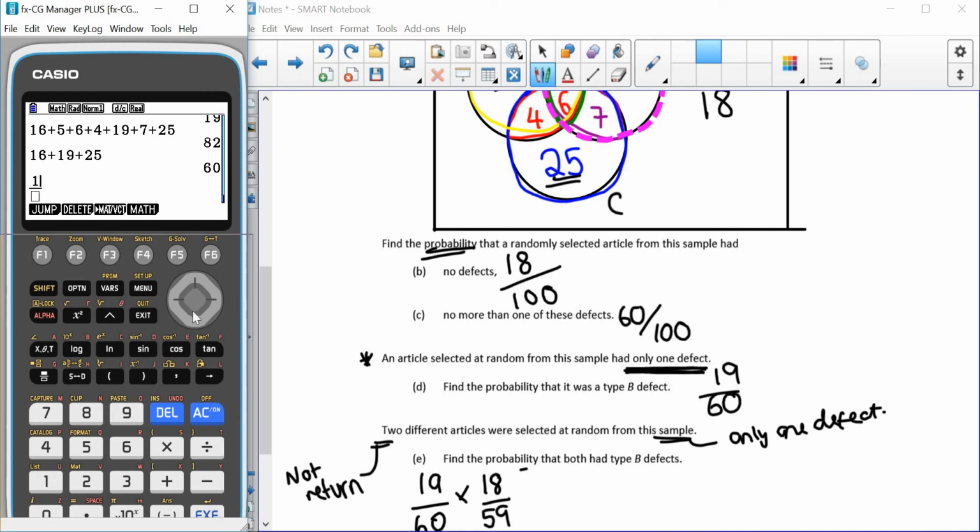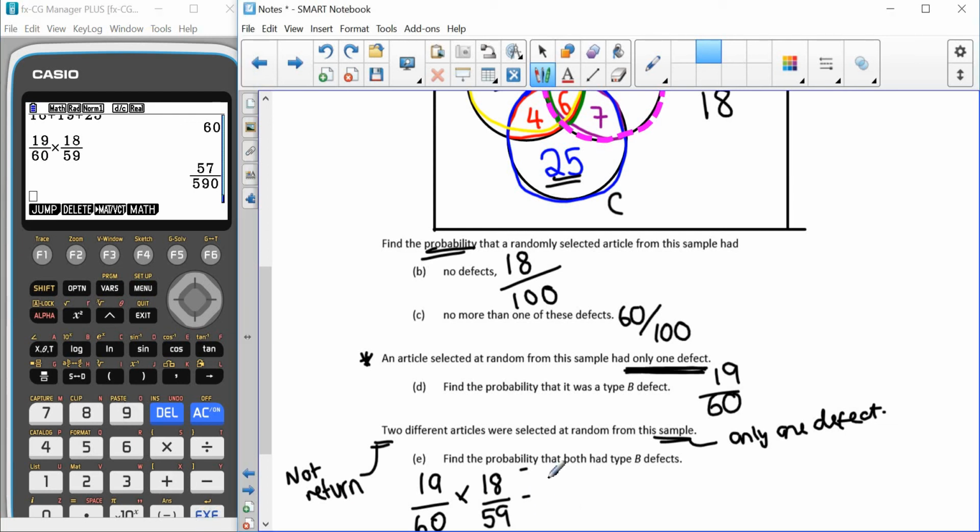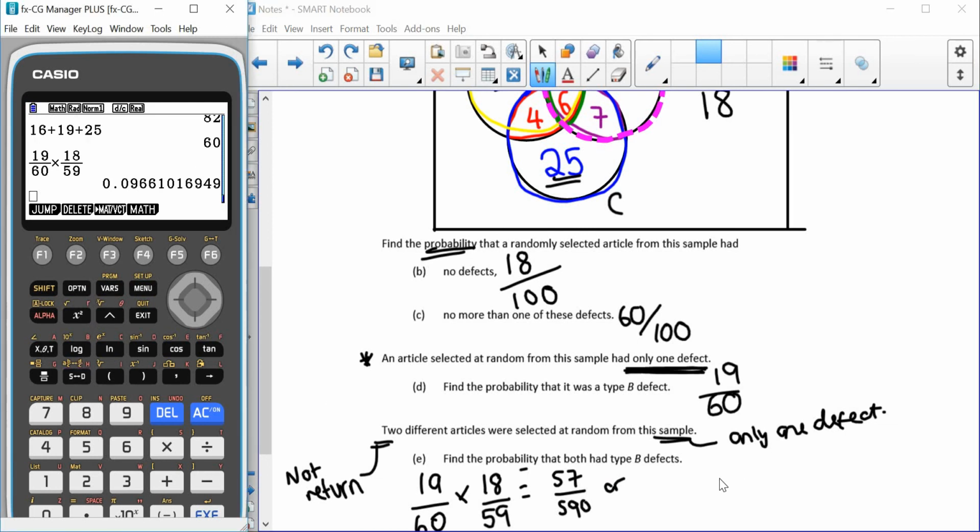So that's 19 out of 60 times 18 out of 59, which gives us 57 over 590, or we could write that as 0.0966.